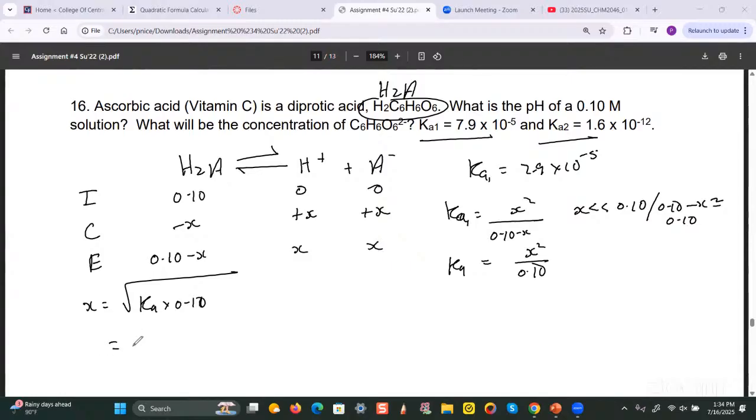So we put the Ka1 value, which is 7.9 times 10 to the minus 5 times 0.10, and then we do the square root. According to my calculations, this works out to be 2.8 times 10 to the minus 3 M.